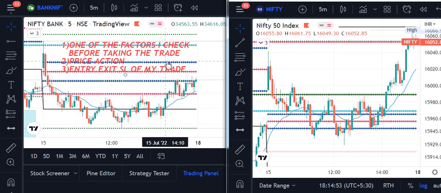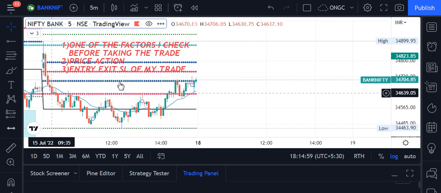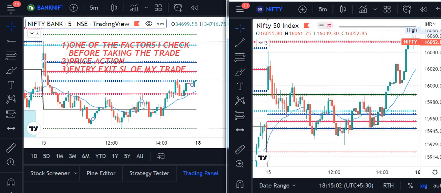So if you see there is a bearish movement in Bank Nifty and you want to take the trade, at that moment you have to check Nifty also. This is the most important factor if you want to trade Nifty, Bank Nifty options, because if Bank Nifty is in a bearish position, that means below CPR, and Nifty is above CPR, there is a conflict.